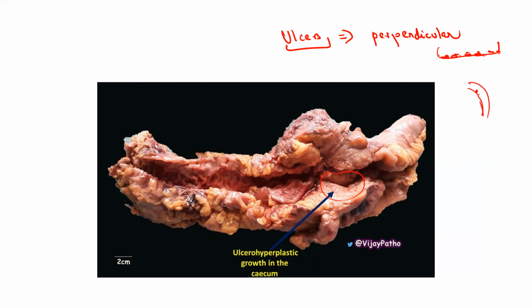Initially there were ulcers here, with the long axis of the ulcers lying perpendicular to the long axis of the gut, and later when they start healing, it will result in strictures, and due to the strictures there will be narrowing of that particular part of the intestine, right? Next, come to hypertrophic.